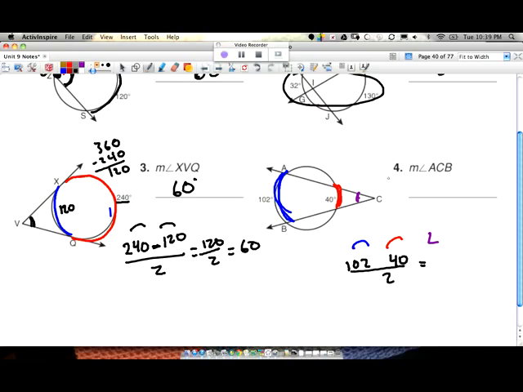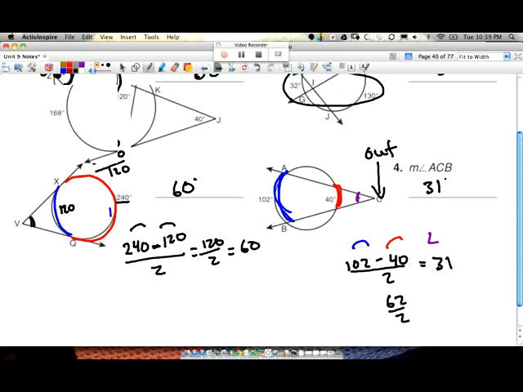We're going to divide by 2, and that's going to equal our angle. Now, because the intersection between these 2 lines is outside, we're going to subtract. So 102 minus 40 is 62. And we're going to divide that by 2, and that gives us 31 degrees. So that's 31 degrees. Piece of cake, right?